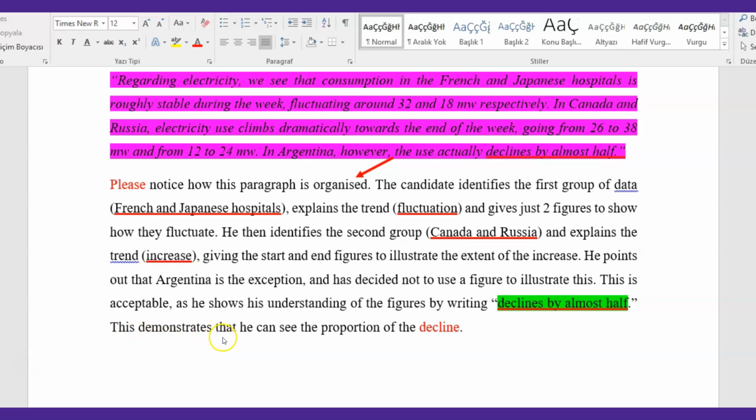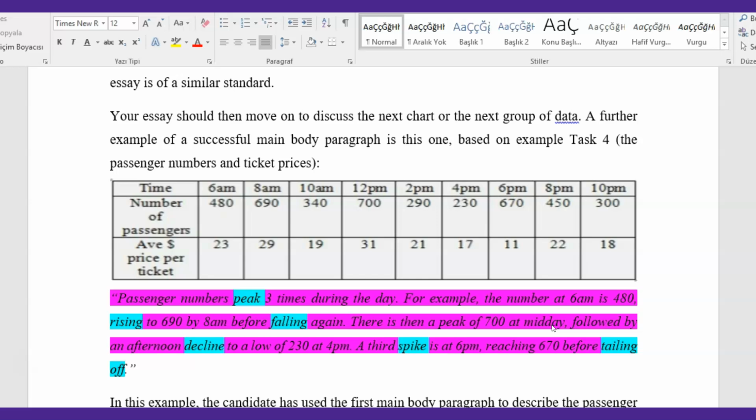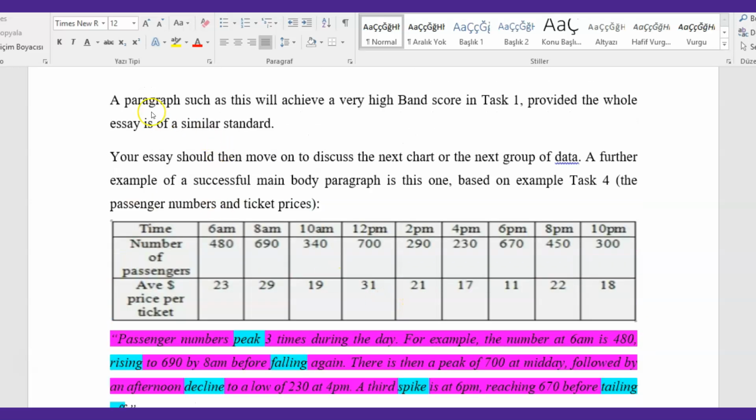This demonstrates that he can see the proportion of the decline. A paragraph such as this will achieve a very high band score in task 1, provided the whole essay is of a similar standard. Okay?